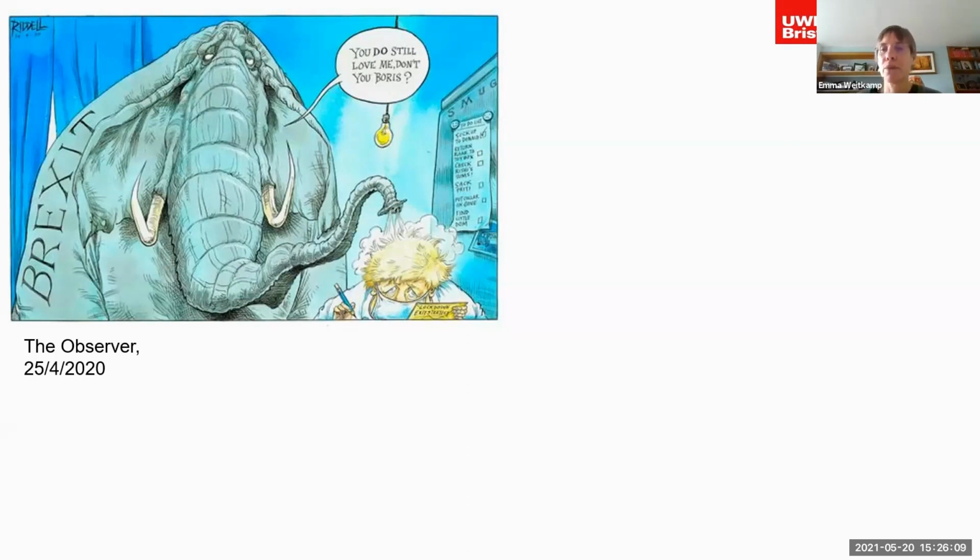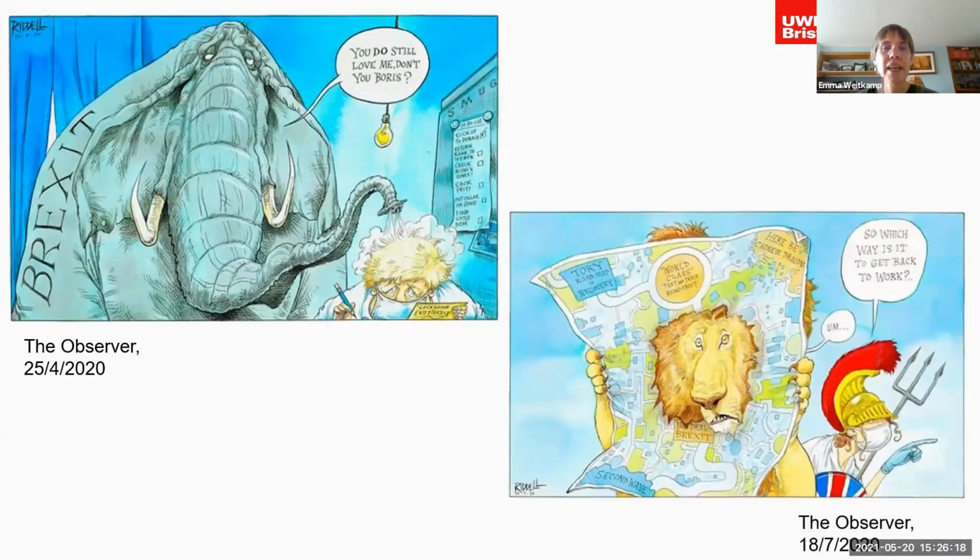It's notable that this is a theme that crops up again and again in Chris Riddell's cartoons. Here from July, we have another example which brings together both Brexit and the coronavirus pandemic.